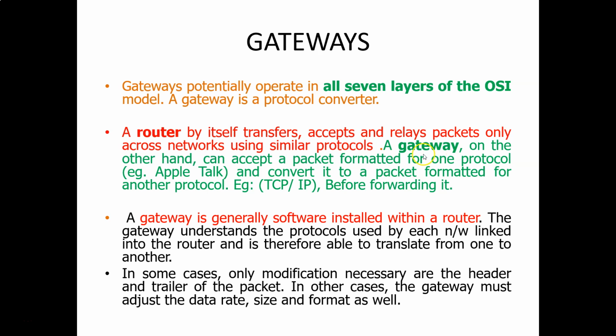Here you see a gateway can accept a packet formatted for one protocol and convert it into a packet formatted for another protocol before forwarding. This is generally software installed within a router. As I said, it is a protocol converter.